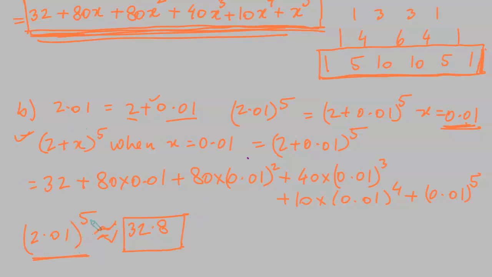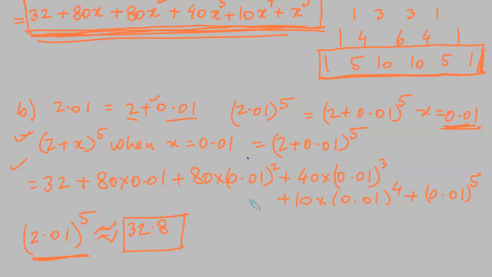Of course, you may say that why should I be going for all these? You are having 6 terms over here, and I can directly get the value using the calculator. Definitely for this question it is a roundabout way to use the binomial expansion, but there may be times where this technique will be required.